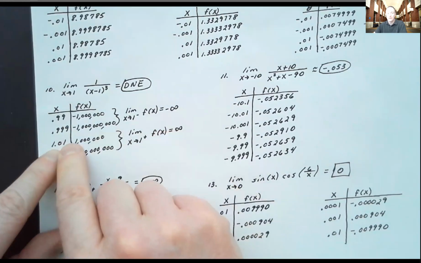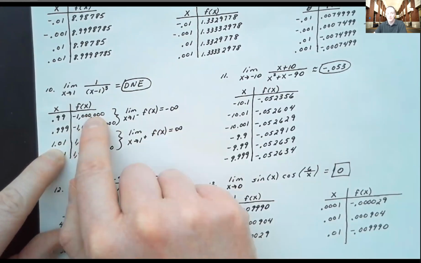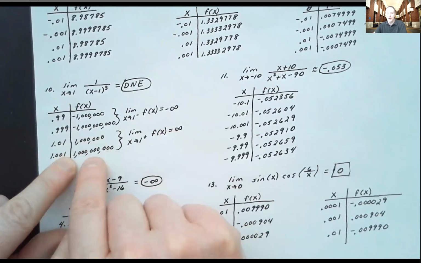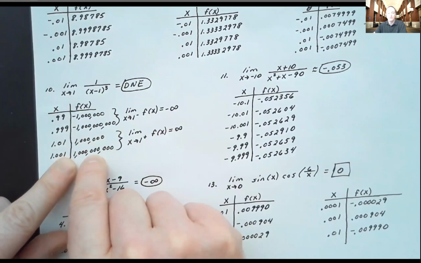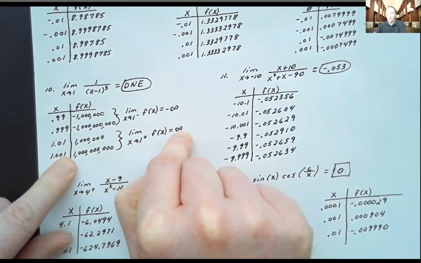Well, if you're 1/100th of a unit to the right at 1.01, the y value is 1,000,000. It's the exact same thing as here, except opposite sign. When you're 1/1000th of a unit to the right, your y value is at 1,000,000,000. So you can say, again, clearly, the closer that x gets to 1 from the right, the y value is going off to infinity.